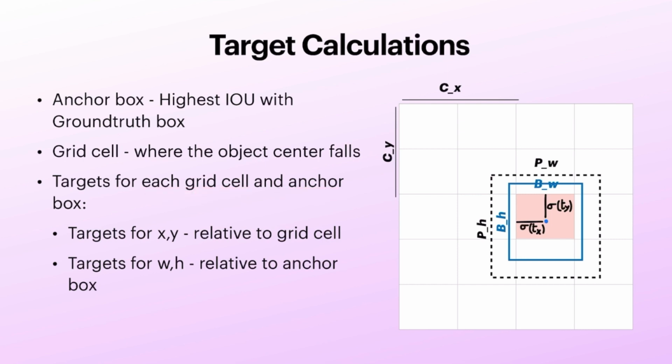As you can see, X and Y are still relative to the grid cell only. Even though anchors are introduced, because of instability in the training they went with the grid cell approach for X and Y. Whereas width and height, which give the shape of the object, should be relative to anchor boxes. In V1, these width and height are relative to the whole image. Now they are relative only to the anchor box.